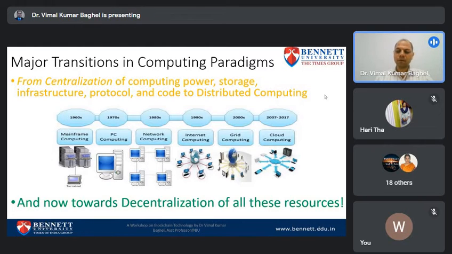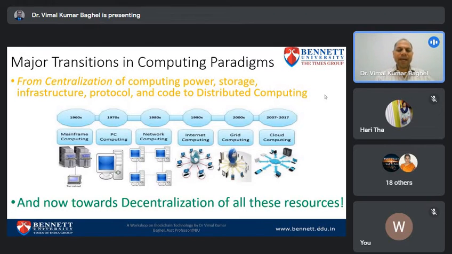Mainframes had stronger CPUs and stronger resources, and all the terminals, which were called dumb terminals in those days, had only some connectivity and some peripherals associated with them, but not major resources. So at that time, everything was centralized on the mainframes. Those were the completely centralized days, with that kind of computing paradigm or architecture in the beginning, starting from the 60s.